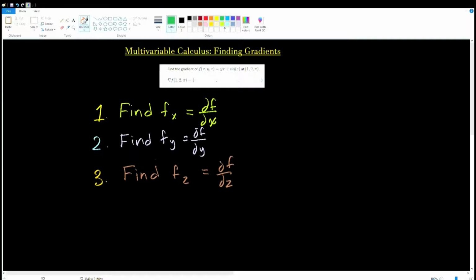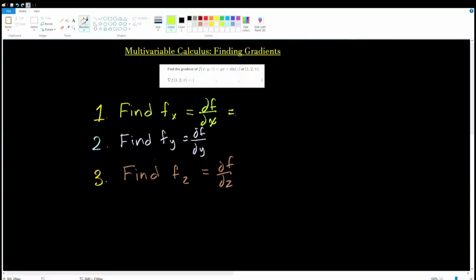So in this color, let's find f base x, or df over dx. Since there's x, y, and z, we treat y and z as constants. So yx, right? Actually, let me write this down.